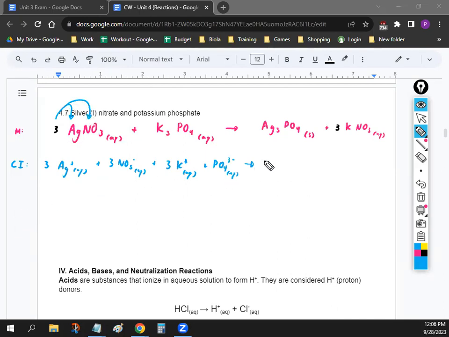Okay. For your product side, you have Ag3PO4, which is your solid. And then you're going to have 3 potassium ions, which are aqueous. And then you'll have 3 NO3 minus ions, which are also aqueous. There you go. That is your complete ionic.